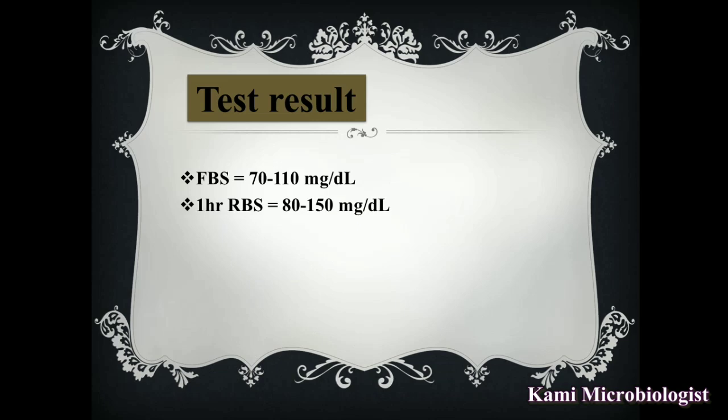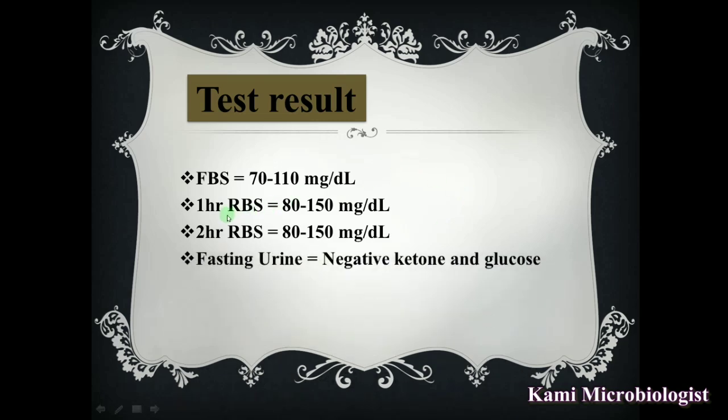Next, the glucose level should also be 80 to 150 mg per deciliter after 1 hour. And then after 2 hours the glucose level will be the same as in the first hour. Then in the fasting urine, if you see no ketone and no glucose detected, then it is okay.